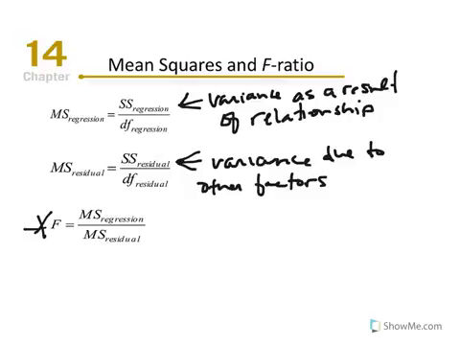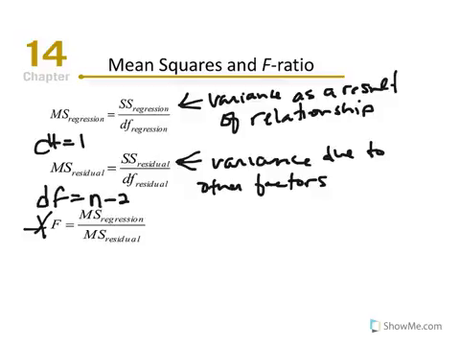And they have their own individual degrees of freedom. So we'll see that in the next slide, but for now, degrees of freedom regression is equal to 1, and degrees of freedom residual is equal to n minus 2.